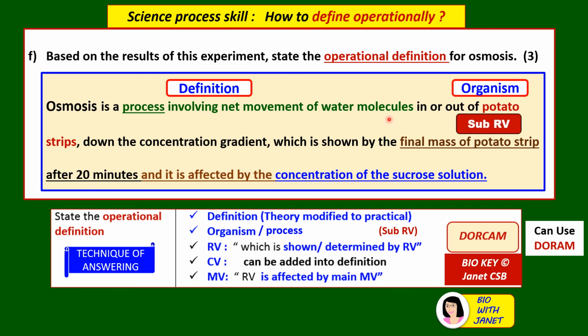So that is your sub-RV, very important. And the organism is mentioned here, potato strip, and also in the sub-RV itself. After 20 minutes is your CV, and it's optional. And then it is affected by the concentration of sucrose solution. So your MV is the concentration of the sucrose solution, and the words affected by are here, right? So the 6 components are complete already, present. So you get the full marks, okay?